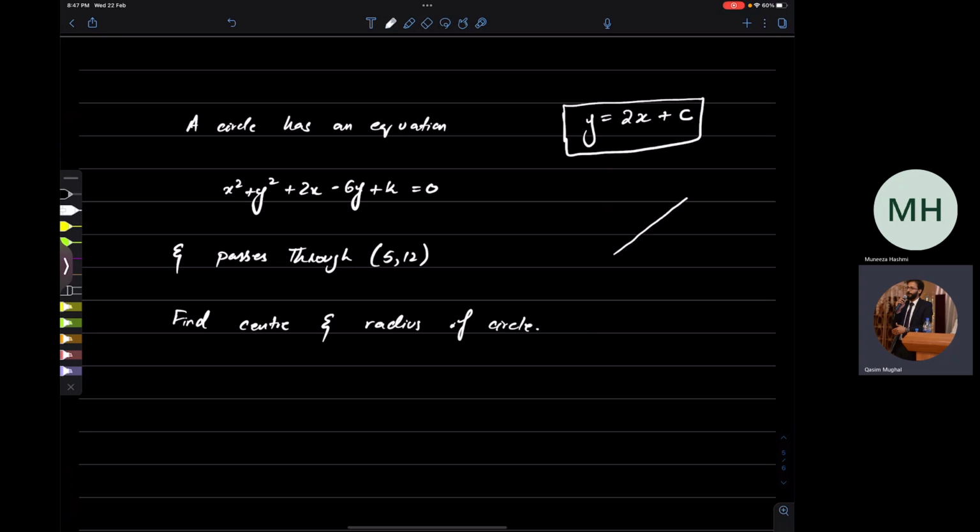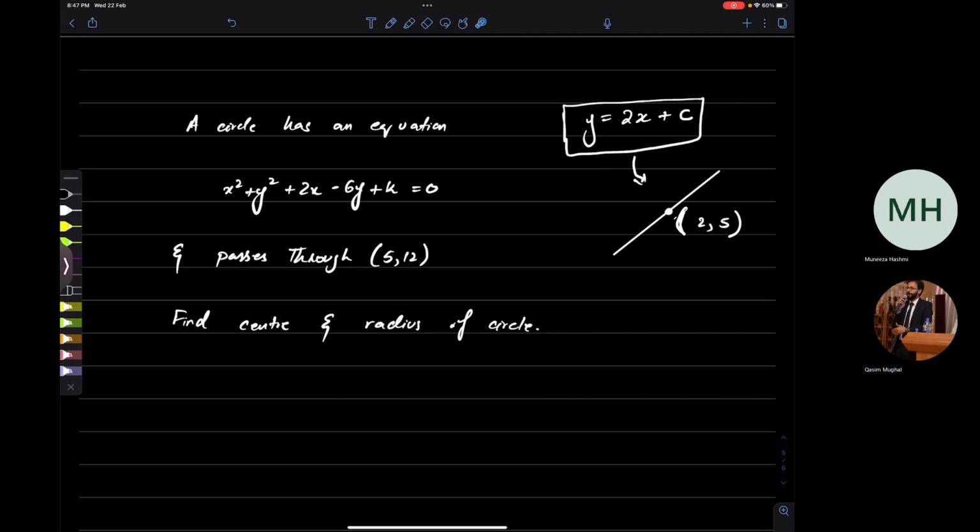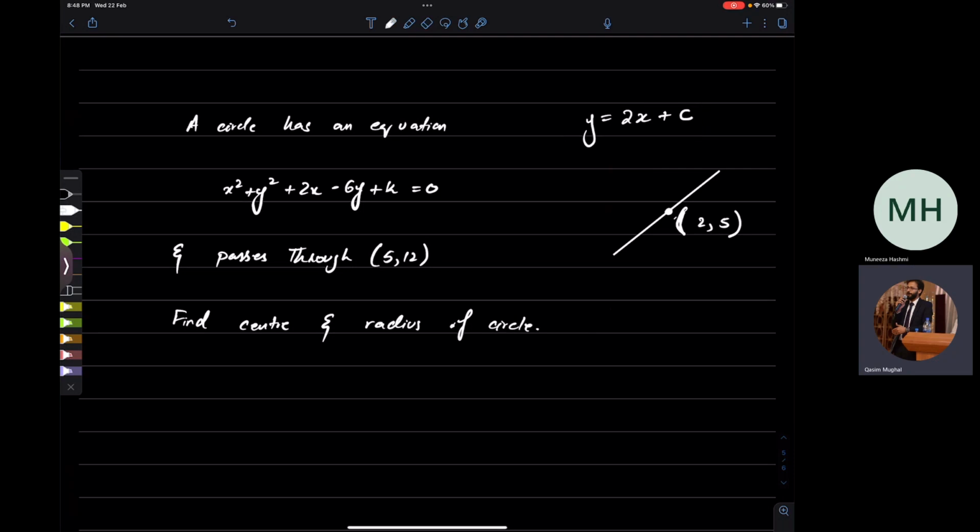So let's just draw that line here. And I tell you that this line also passes through the point 2 and 5. And I want you to work out the value of this constant c. And how would you do that? We've been doing this in O levels and the basic coordinate geometry of the P1 as well.